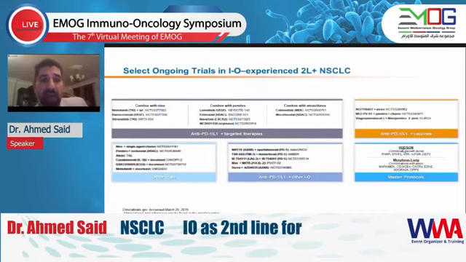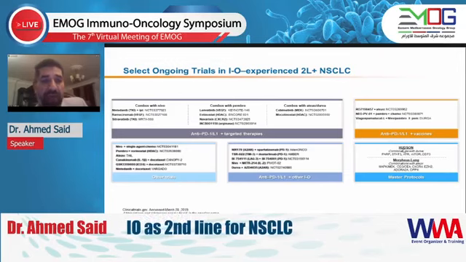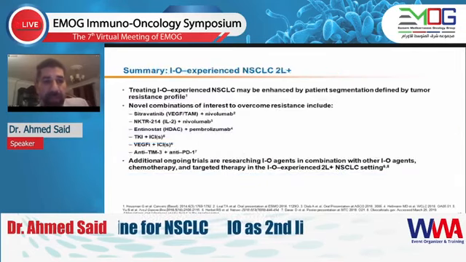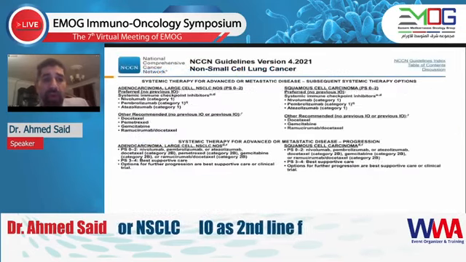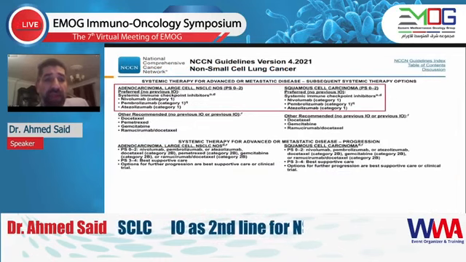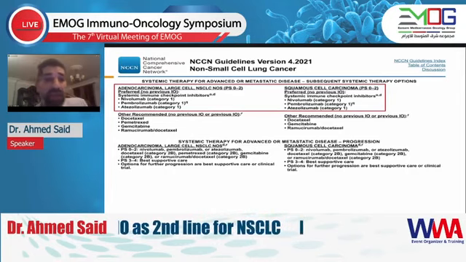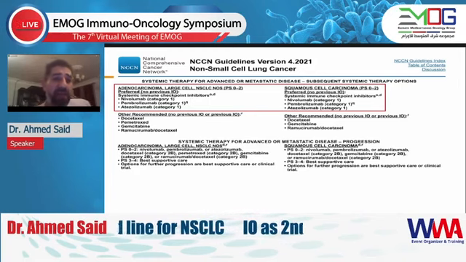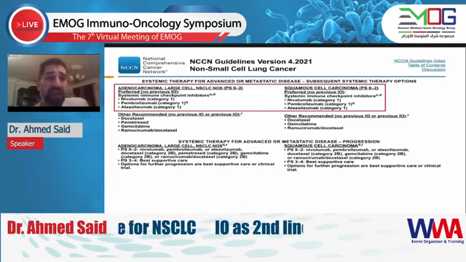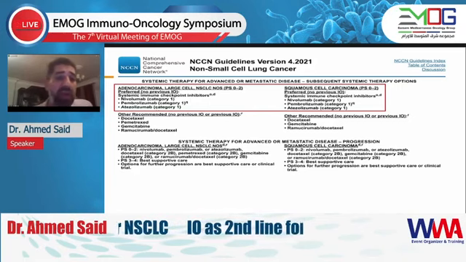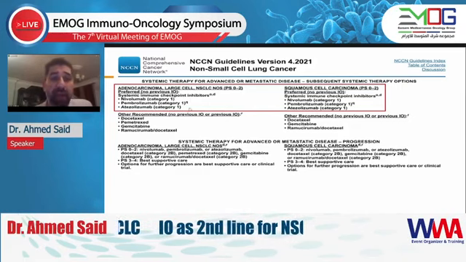So we have selected ongoing trials for IO-experienced second line. We hope to have different combinations of IO in IO-experienced non-small cell lung cancer. From the NCCN guidelines, for subsequent systemic therapy for advanced or metastatic adeno and large cell non-small cell lung cancer, if they don't have previous exposure to IO, category 1: Nivo, Pembro, and atezolizumab.